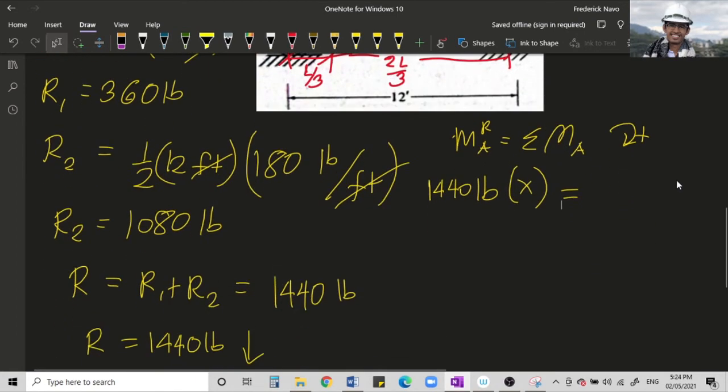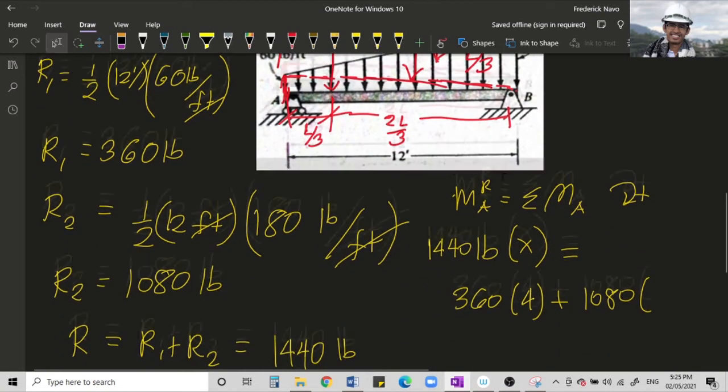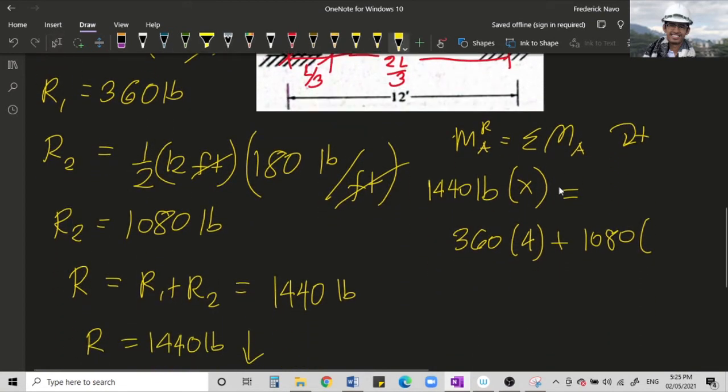So, that is equal to R1 natin is 360 pounds times 4. So, that will be 12 over 3 is 4 feet plus 1,080 times, this is L over 3, 12 over 3 is 4. Yung natira dito sa kabila is 8, tama? So, that is 8.